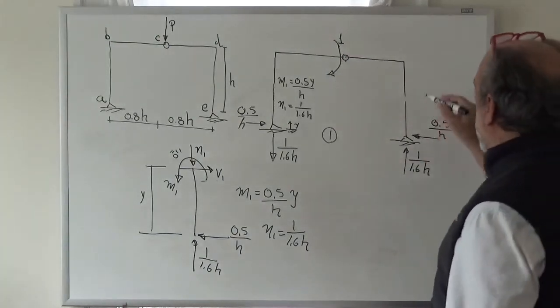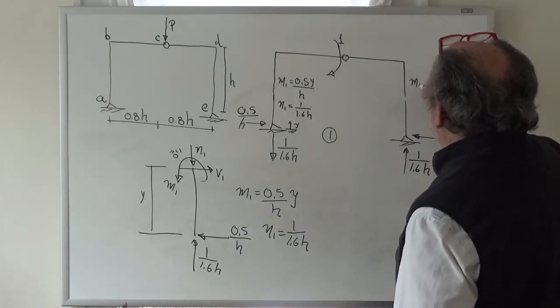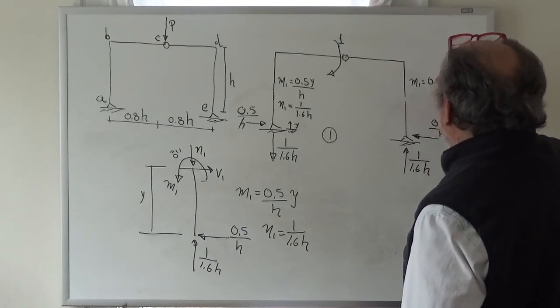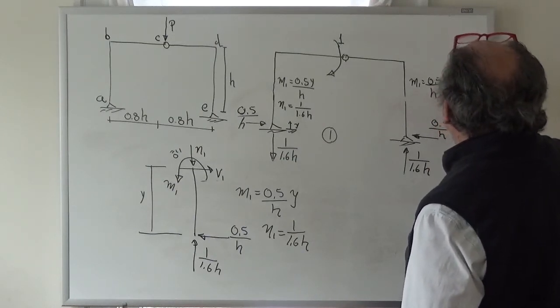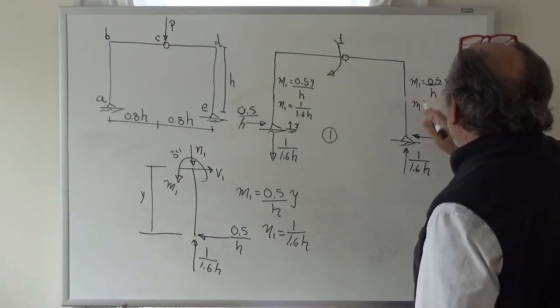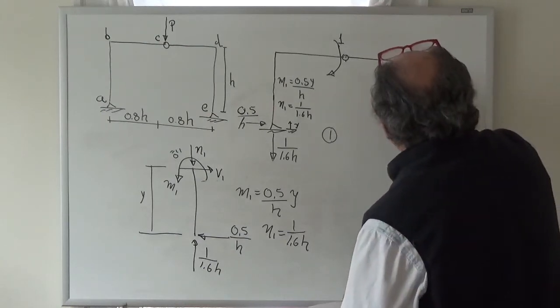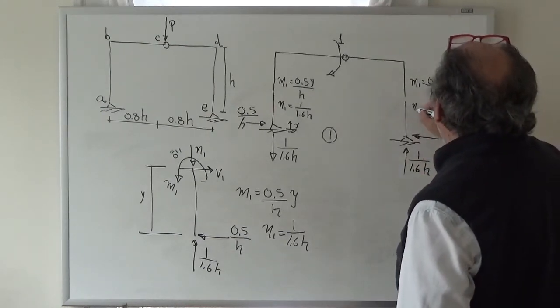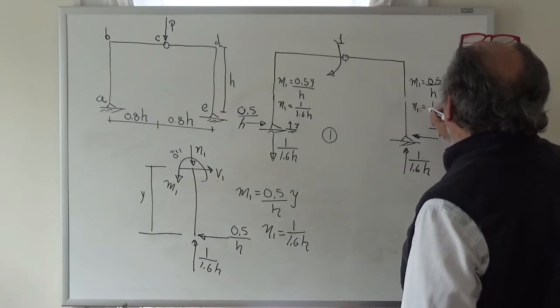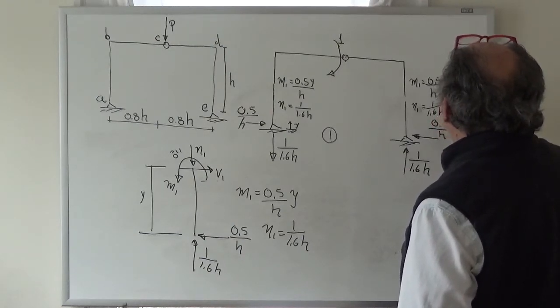So we can say this bar has a moment M1, which is 0.5 over h times y, and has an axial force N1, which is 1 divided by 1.6 over h.